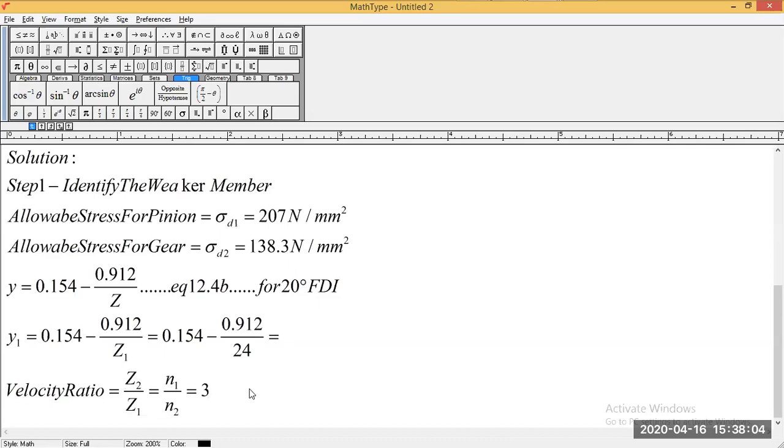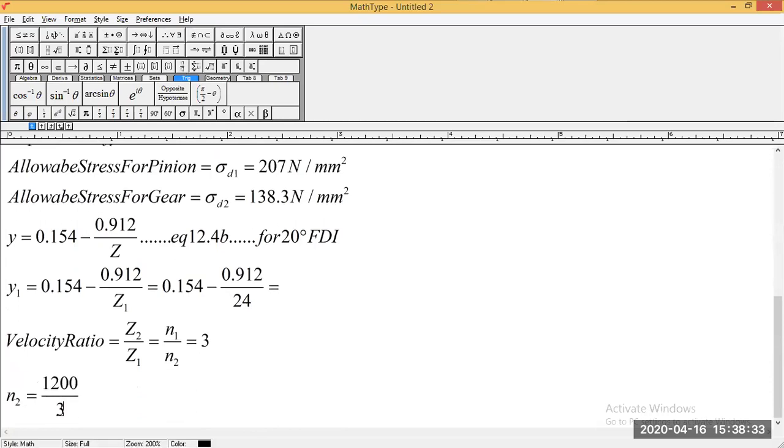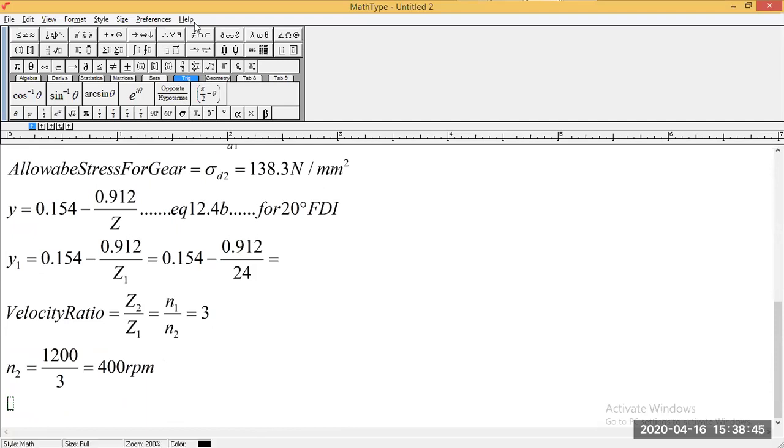So from this we know N1, right? So N2, that is RPM for the gear is N1, that is 1200 divided by 3. We don't need it at this point, but we'll still keep it. This will be 400 RPM, and now we'll find Z2.